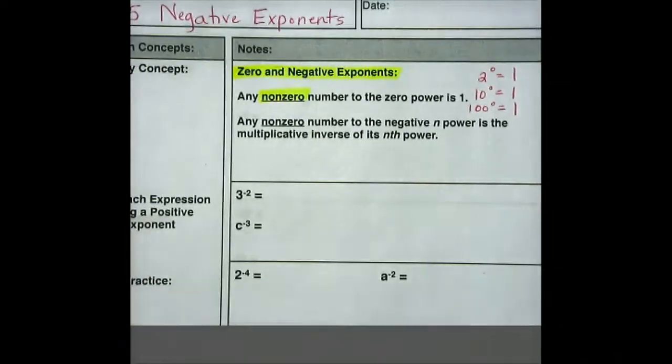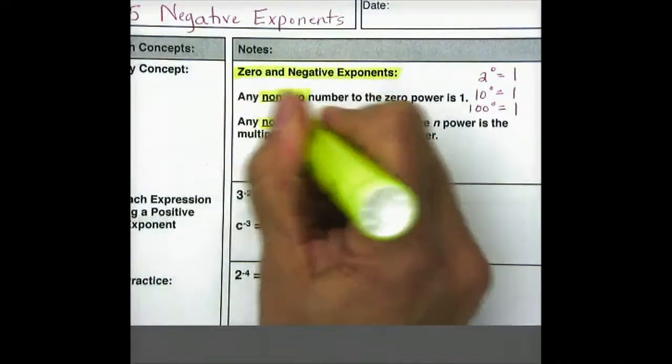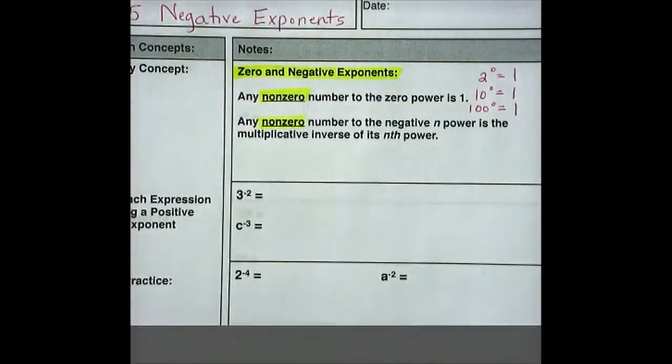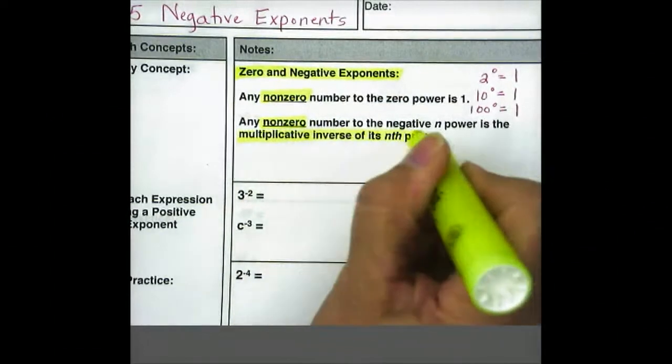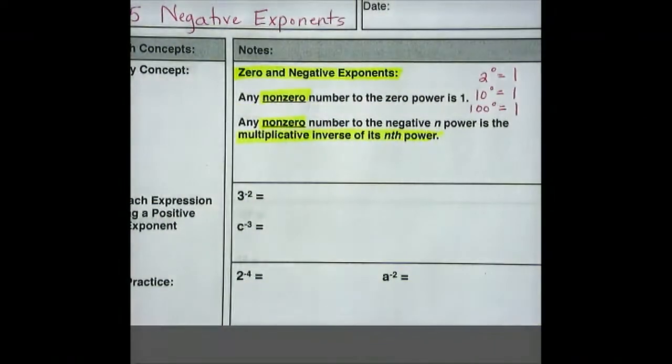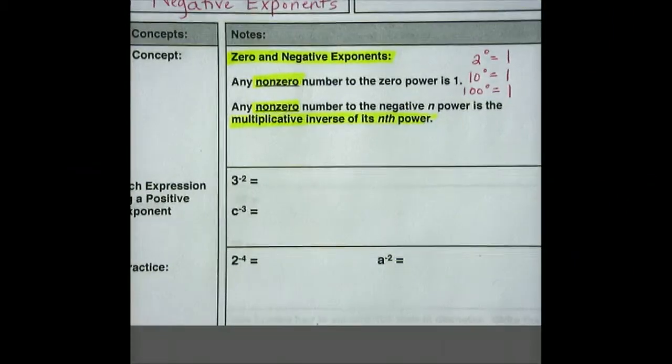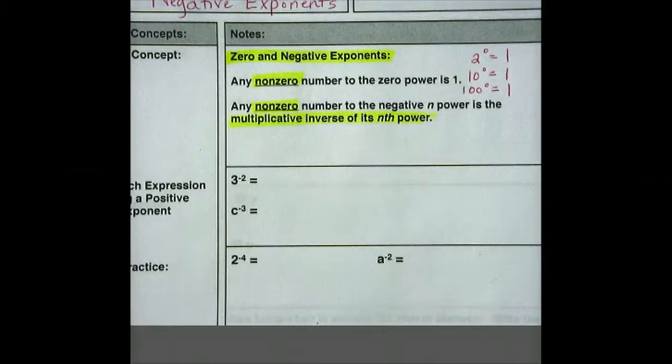Now, any non-zero number raised to the negative n power is the multiplicative inverse of its nth power. Now that sounds a little bit difficult to understand until we look at our examples and see how we did them during our math minutes earlier this year.